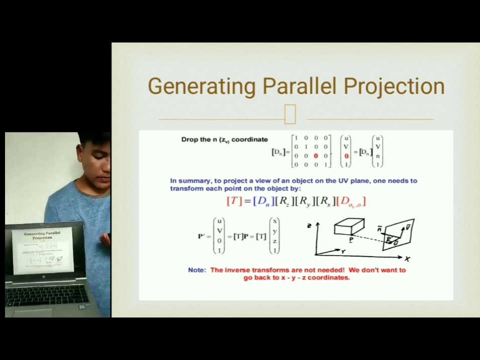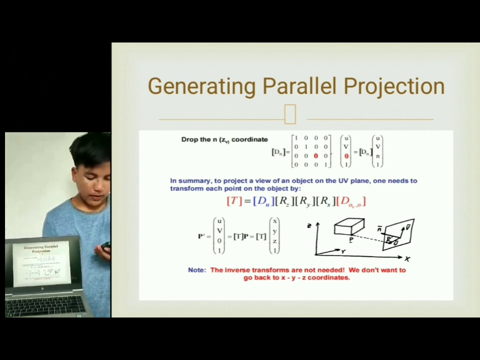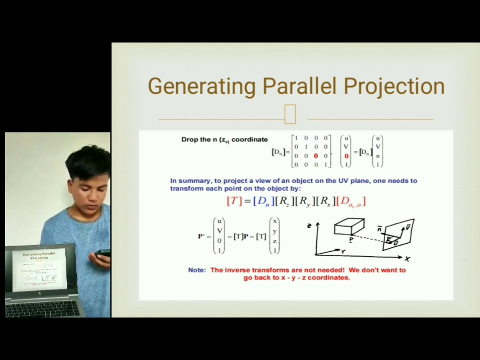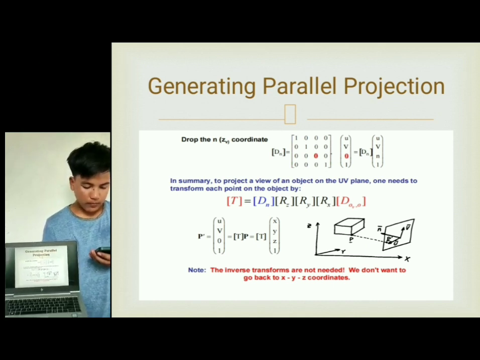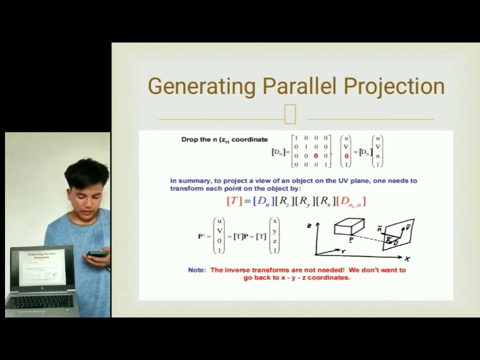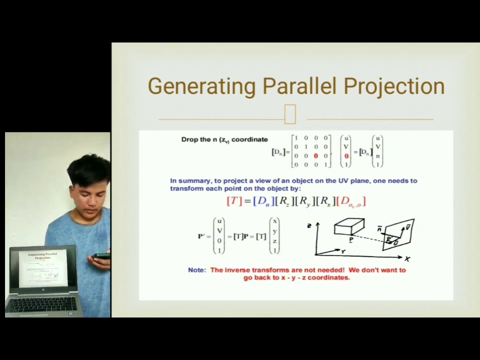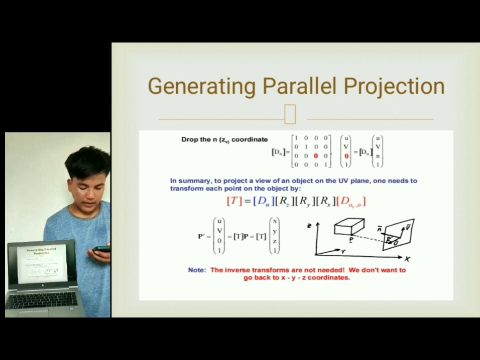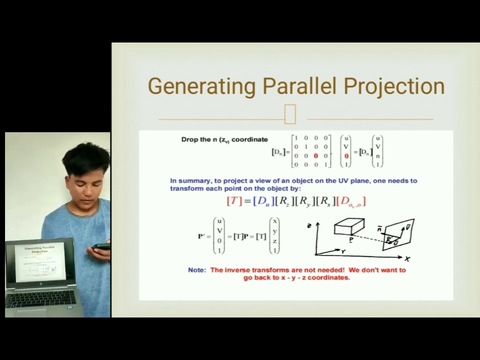In summary, to project a view of an object on the UV plane, one needs to transform the points of the object by T equals D sub N multiplied by R sub Z multiplied by R sub Y multiplied by R sub X multiplied by D sub OB.